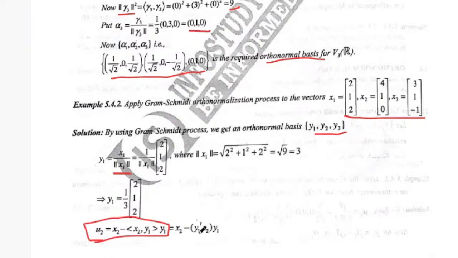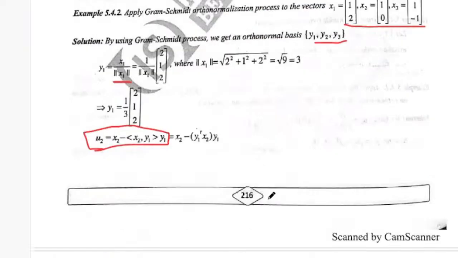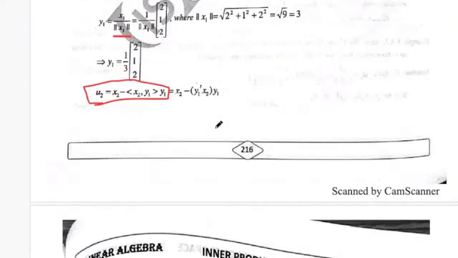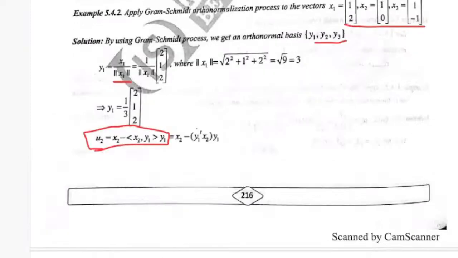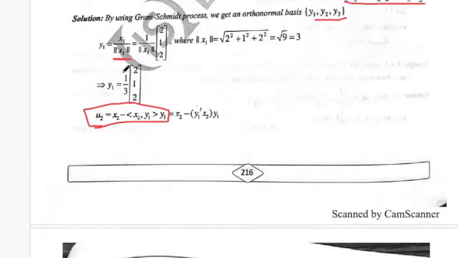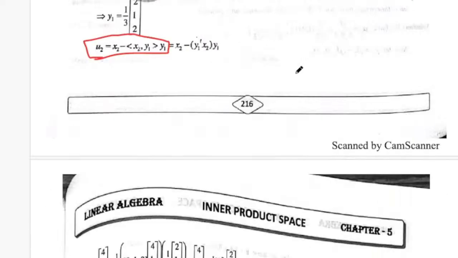The inner product of x2 comma y1 can be computed as y1 transpose into x2. 4 into 2 is 8, plus 1 into 1 is 1. 8 plus 1 is 9, and 9 by 3 is 3.